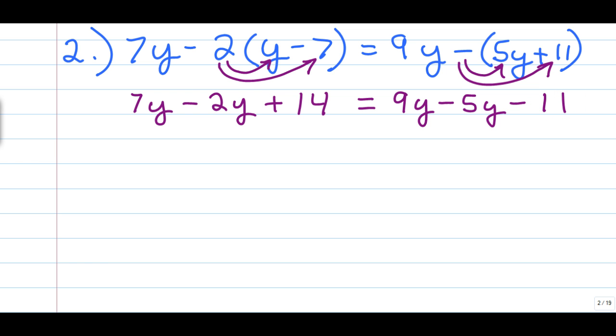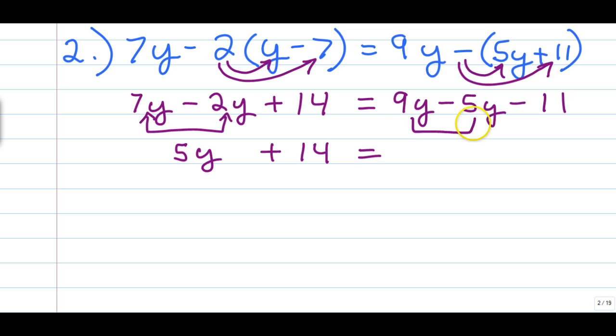Let's continue with simplifying. Next, let's combine like terms. On the left side, we see we have a 7y and a minus 2y. Let's combine these, 7 minus 2, to get 5y. Then carry down the plus 14 and the equal sign.